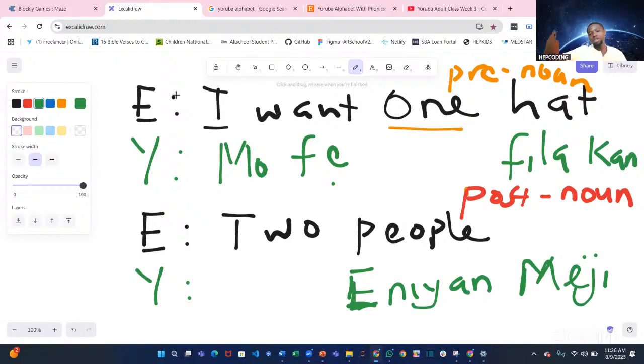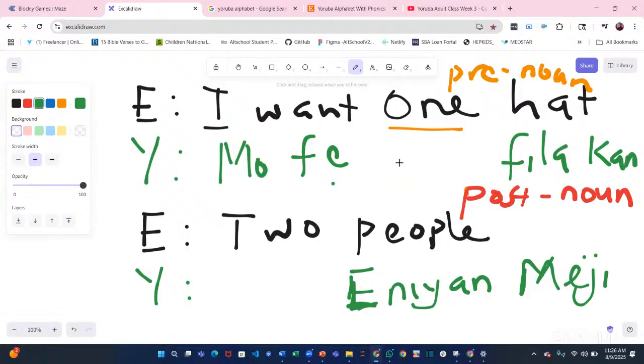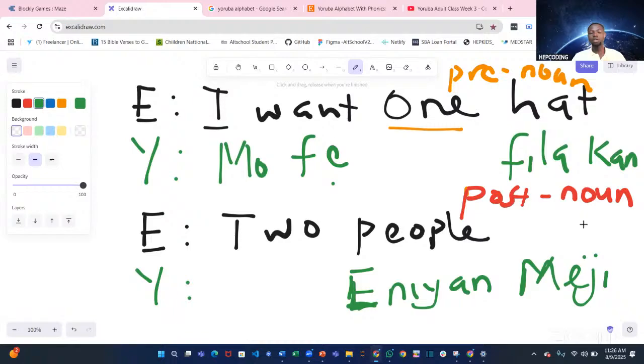It's the same thing, but just the other way around. So that's another thing to notice: pre-noun, post-noun. Who is pre-noun when they want to qualify a noun? English. And who does post-noun? Yoruba. Good.